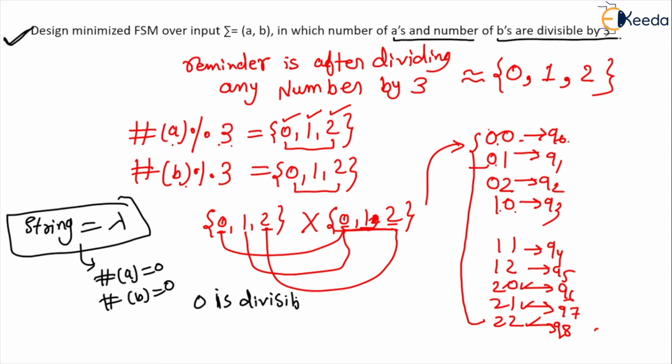Got it? 0 is always divisible by any number, so it is also divisible by 3. That means a string in which the number of A and number of B are 0 is always accepted by this machine.